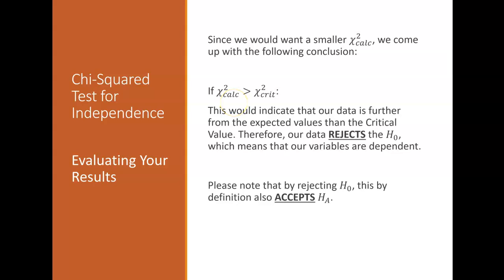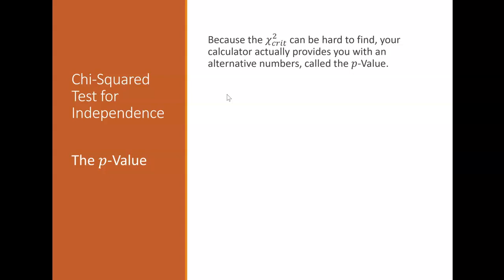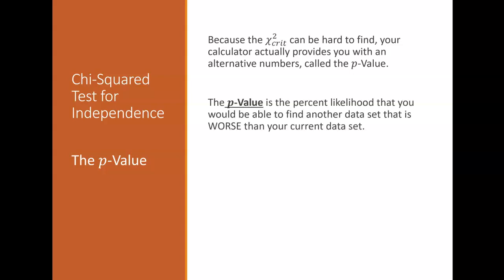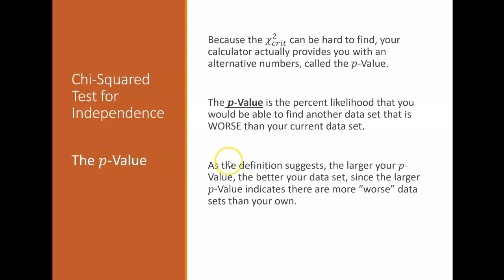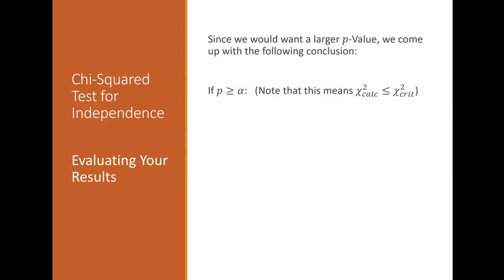Now, in practice, we're going to do this calculation more often than not on our calculator, and the calculator doesn't give you a chi-squared critical value, but it sure gives you a p-value, right? So more often than not, we'd prefer to be comparing alpha to p. We've talked about what p-value is before.